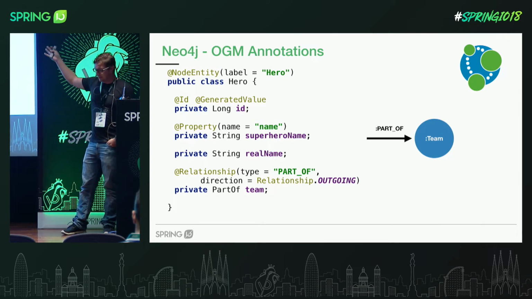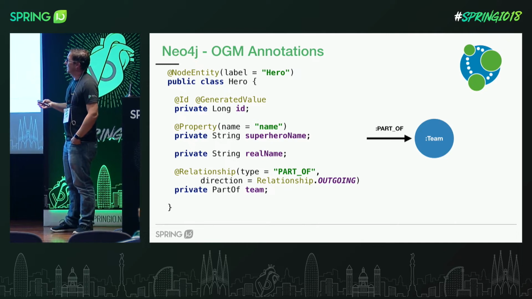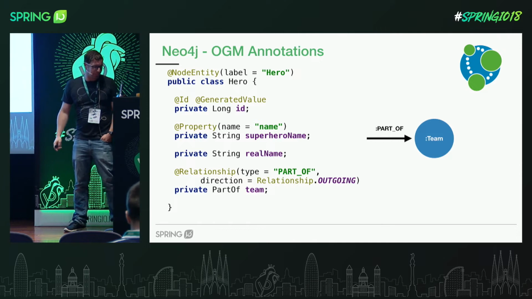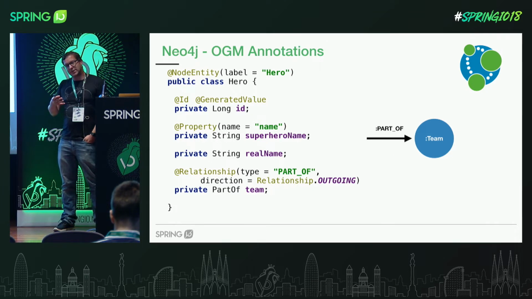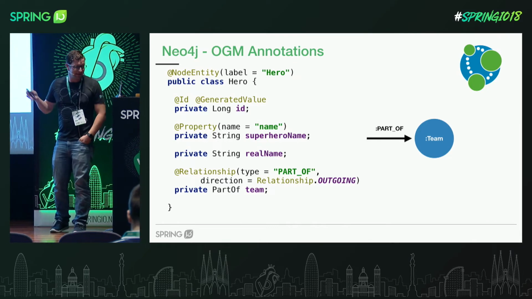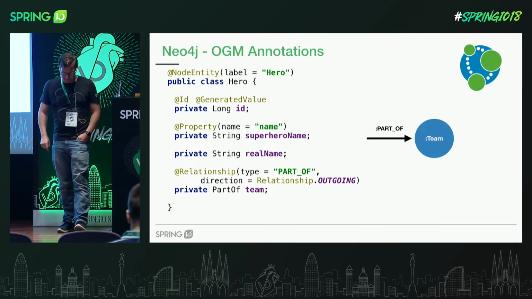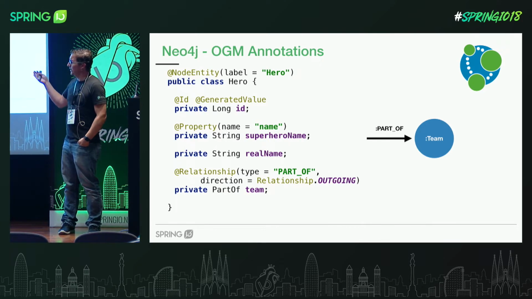We model it more conveniently than you might think, and it looks like a JPA mapping, if you're familiar with it. But we call entities not entities but node entities, and you will see in a second why we had to use this node entity annotation in this case. And it's also customizable, like you know from JPA.